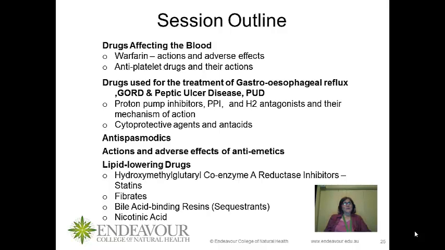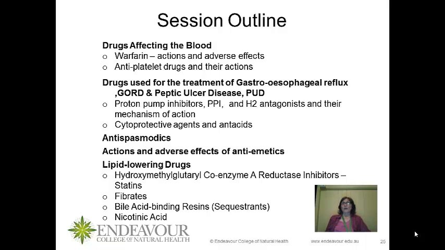So this is a rate-limiting step in the production of cholesterol, and this is the enzyme very important in that particular pathway. We'll see that statins have their indications for lowering lipids.